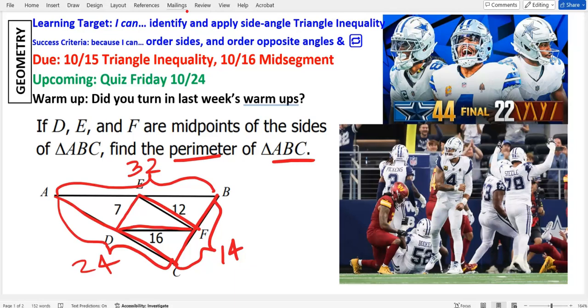ABC is on the outside. That's why we got these numbers. You got to add them up. 32 plus 14 plus 24 is 70.